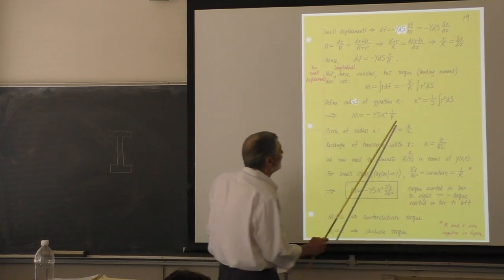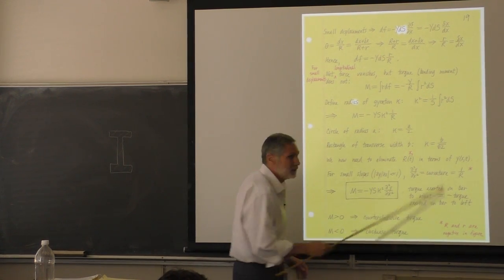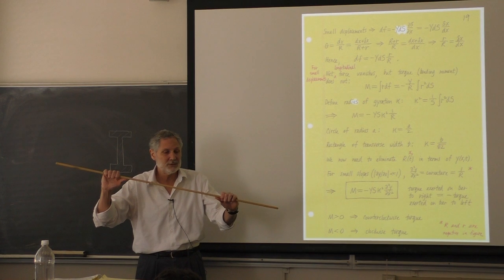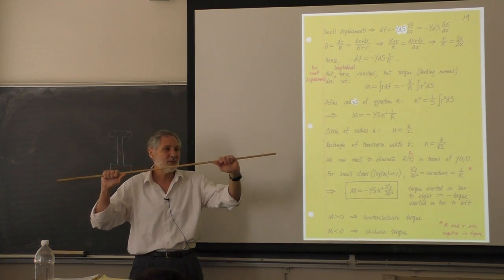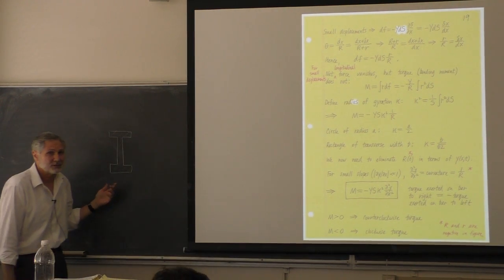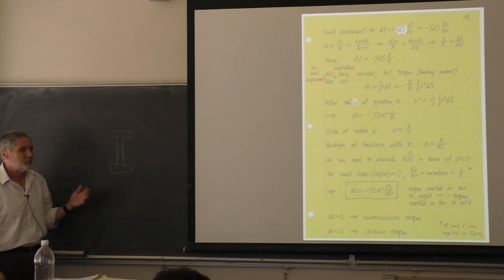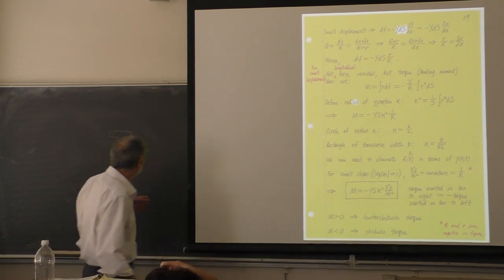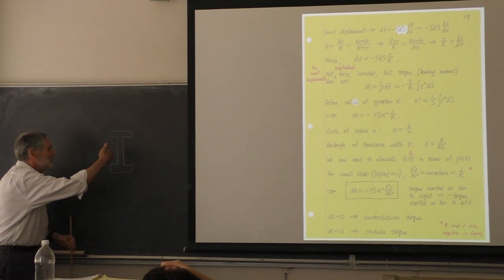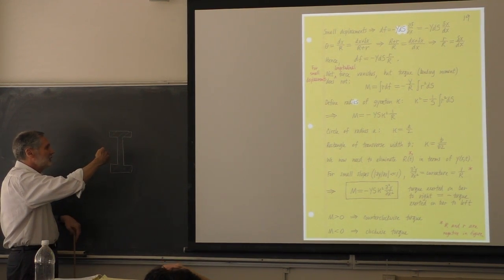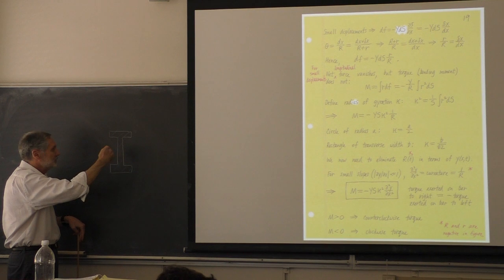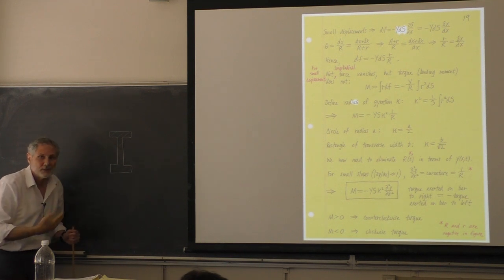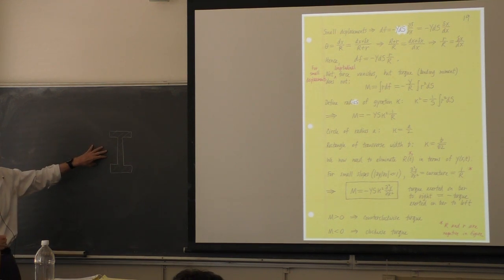As we noticed before, what's happening here on a bar is going to depend upon its cross-section, upon what we now know as the radius of gyration. The I-beam behaves completely differently when you look at flexure this way than when you look at flexure that way. We actually have some of this in the demo lab. It's a plastic I-beam.